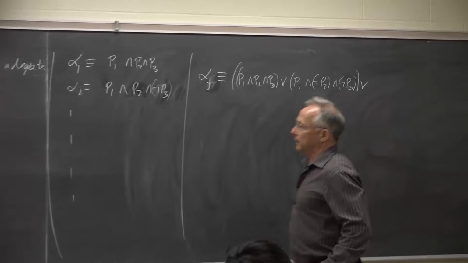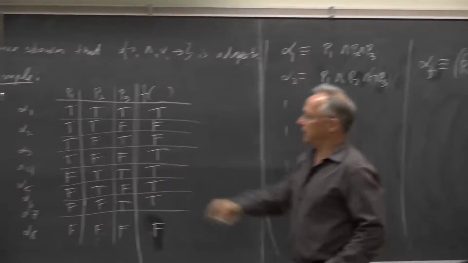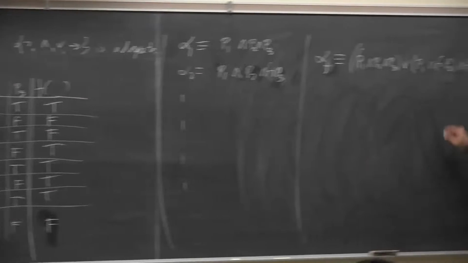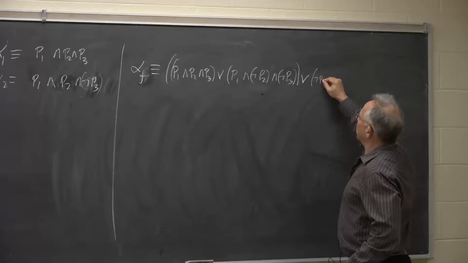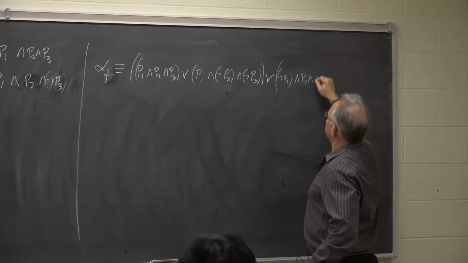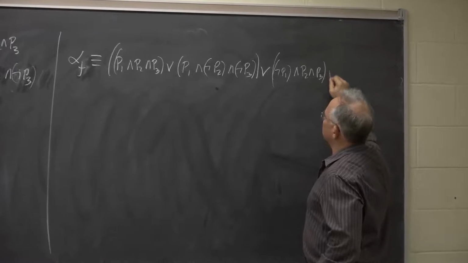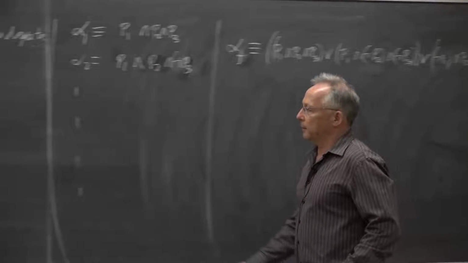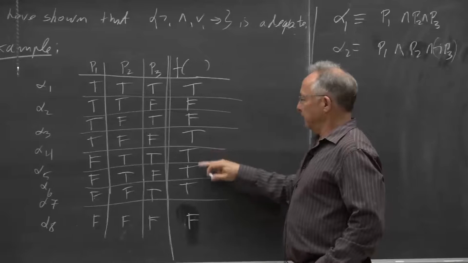Or next time I get a T is here, so it's not P1 and P2 and P3. Oh, so we took care of this guy. You gave me too many T's.